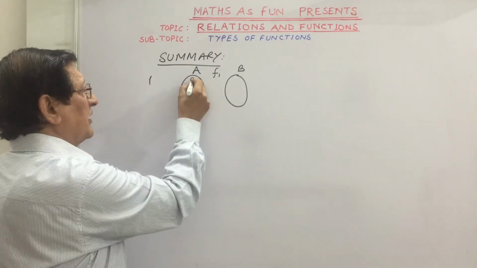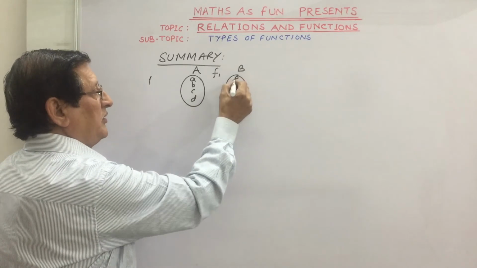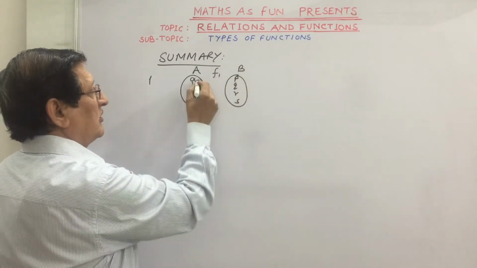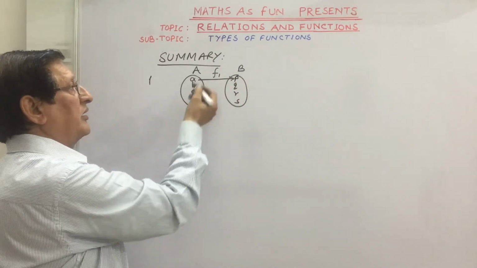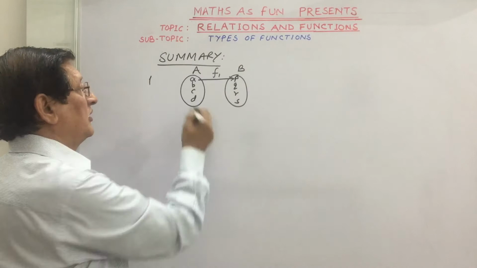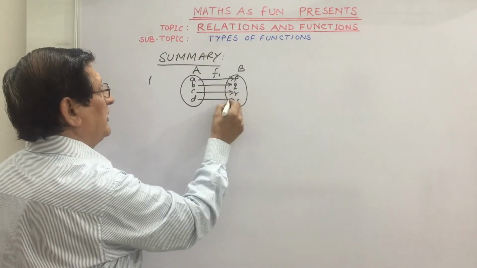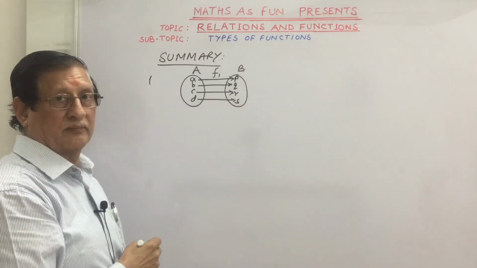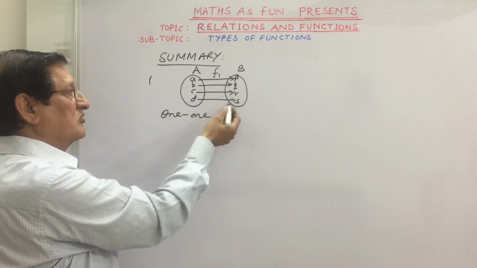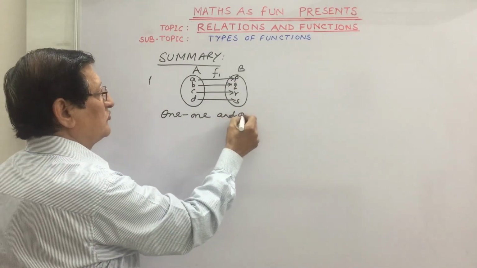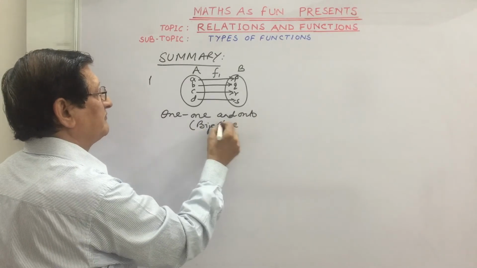The elements in A are a, b, c, d, and this is p, q, r, s. a is the element in A and has the image p in B. b has the image q, c has r, and d has the image s. Then we see the function is one-one, and also we find it is onto. So this function is one-one and onto, or we can say it is bijective.